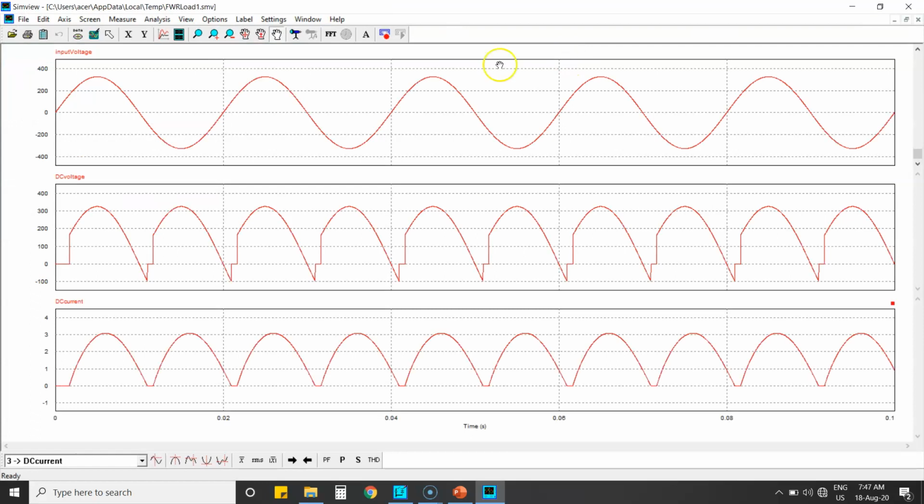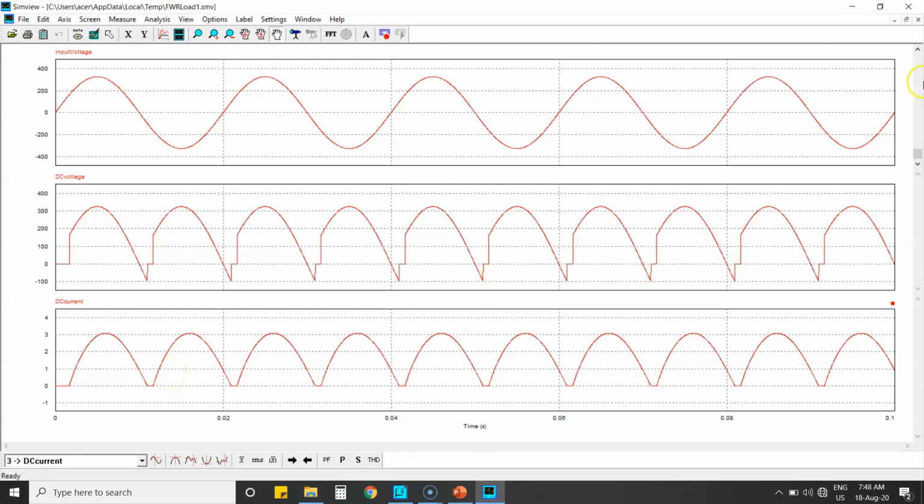So this is the output for your RL load. Because of the presence of the L value, we have a negative voltage at this point. Based on the inductor value, your current will become continuous or discontinuous. If you choose alpha greater than 30, it will always be continuous.